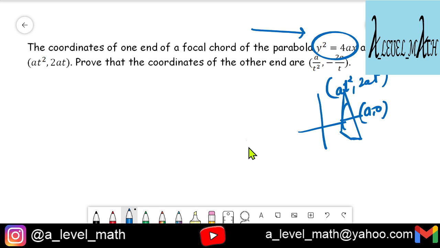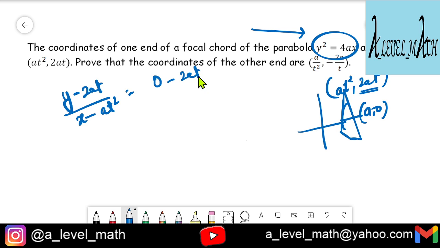The equation of this focal chord will be given by y minus y1. So let's assume this is y1. So y minus y1 by x minus x1 is equal to y2 minus y1 by x2 minus x1. My y2 over here is 0, and x2 is a.